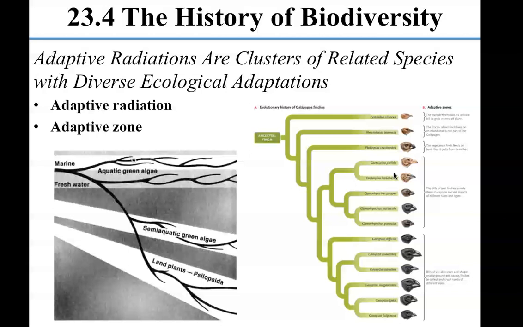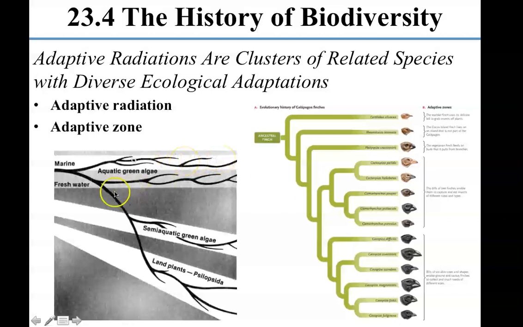So it's kind of like an adaptive radiation, but here we're focused more on the zone or the environment rather than the speciation. And if that didn't make sense, let me just try to explain it through this picture on the left. So imagine we've got some algae, and some of these algae live in marine environments, so we can see some speciation going on among the marine algae.